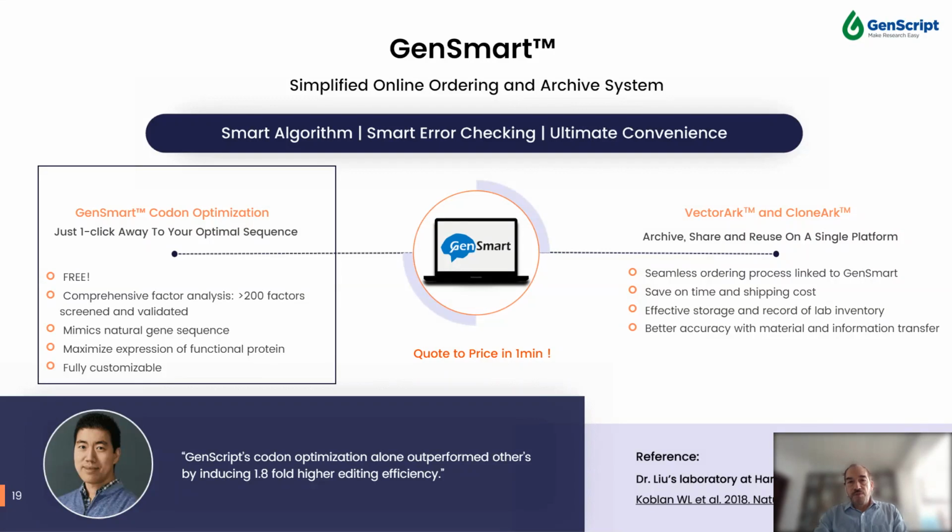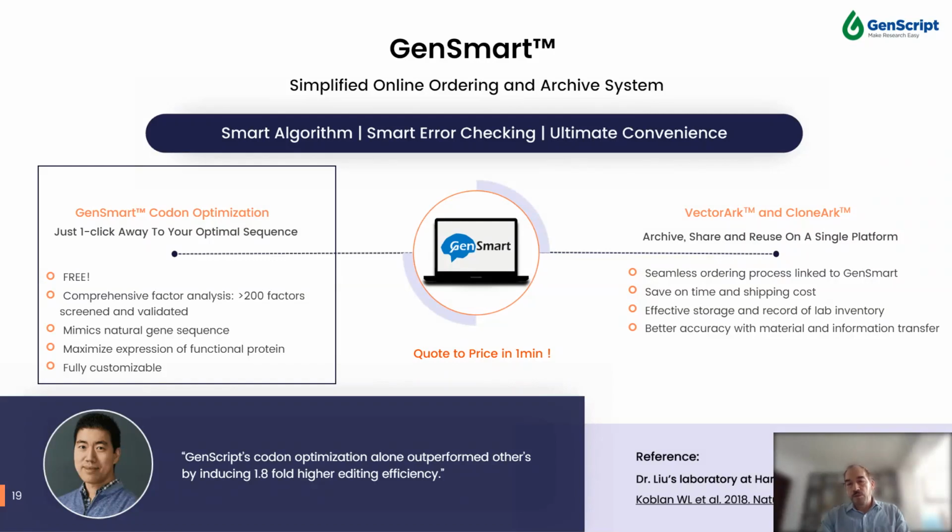I mentioned the GenSmart software system that we have. It's a very useful system for optimizing your codon, your gene sequence. It is very easy to use and does a very comprehensive analysis using over 200 factors that have been screened and validated. It mimics natural gene sequences, maximizes the expression of the functional protein, and is fully customizable.